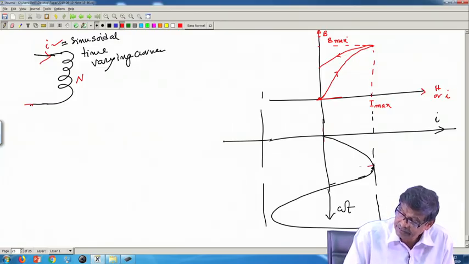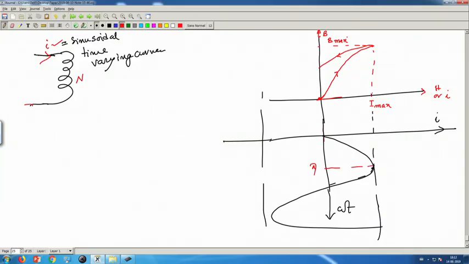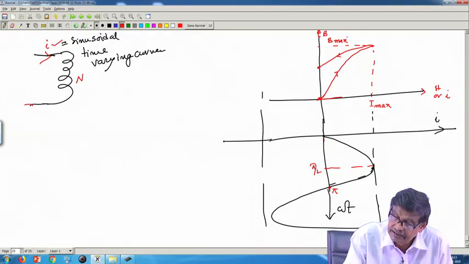So, this is your pi by 2 and this is pi. So, between 0 to pi by 2 it went like this. Then from pi by 2 to pi, current has become 0, but you will find it has come here.